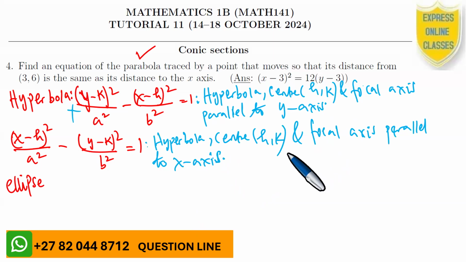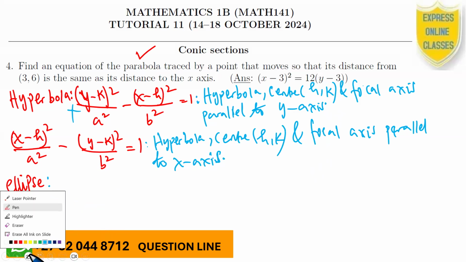I'm just describing the two equations we learn. For the ellipse, there are also two. For the hyperbola, there are two, and there are four of them for the parabola.